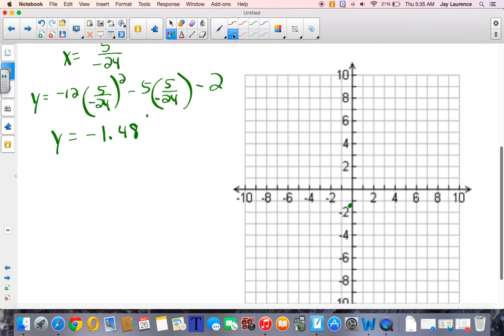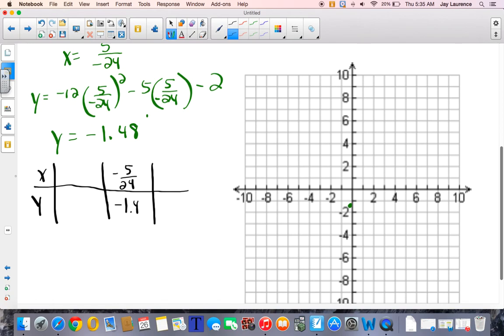Okay, so now I go to table. I've got this in here. And I'm going to put 0 in.